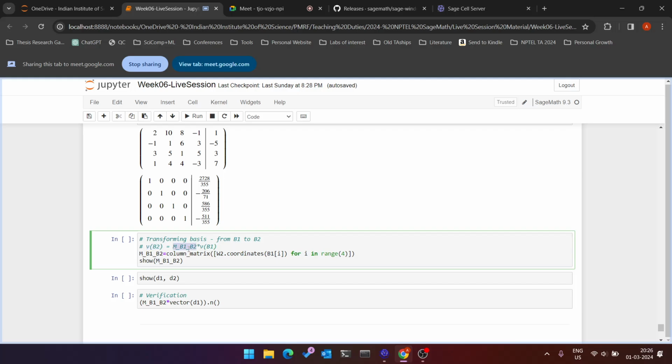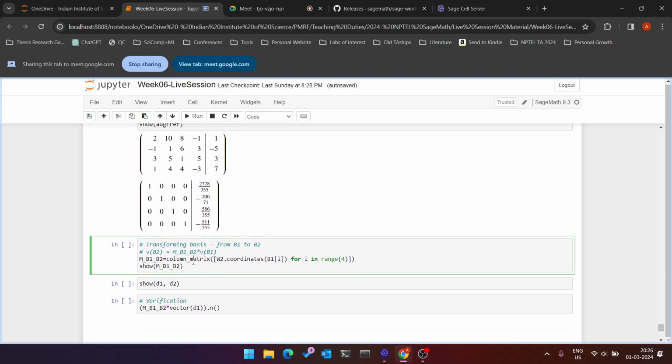And this matrix is defined by writing the columns of W2, so writing a column matrix. It has four entries, so 1, 2, 3, 4 columns, and each of those columns are basically vectors belonging to basis b1, which are b11, b12, b13, b14.